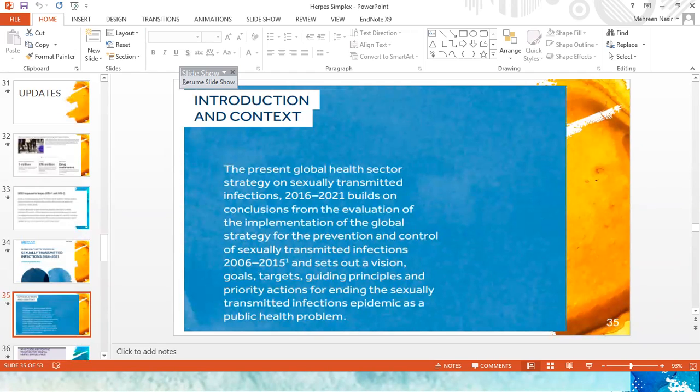The present Global Health Sector Strategy on Sexually Transmitted Infections 2016 to 2021 builds on conclusions from the evaluation of the implementation of the global strategy for the prevention and control of STIs, and sets out vision, goals, targets, guiding principles and priority actions for ending the STI epidemic as a public health problem by 2021.